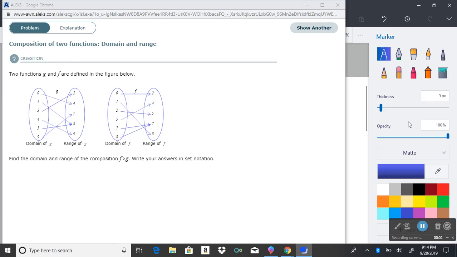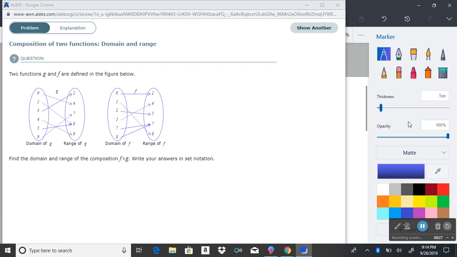Another part about composition of two functions has to do with figuring out the domain and range. If it is a function written out in equation form, if the f and the g or whatever you're composing are both equations, then we're going to use the domain basically of negative infinity to infinity unless it's a rational or a radical function.